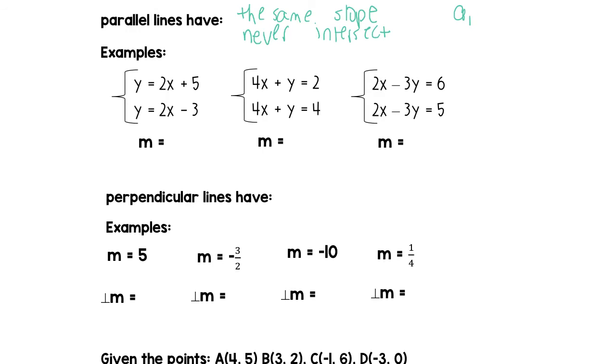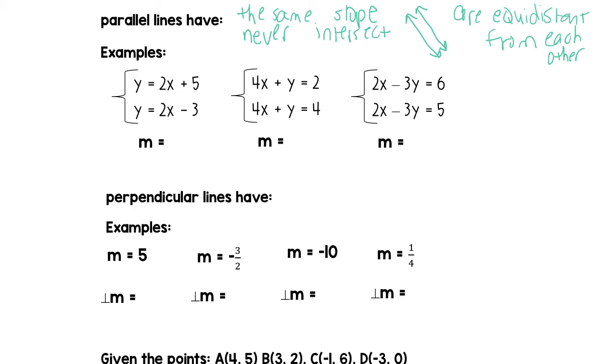And they are equidistant from each other. Okay, railroad tracks. Think railroad tracks. In this first example, this is what they look like.